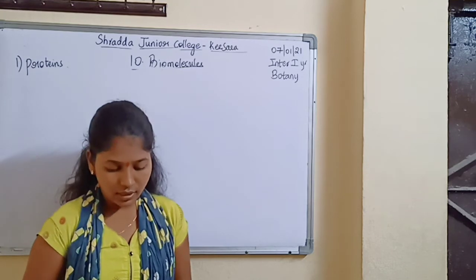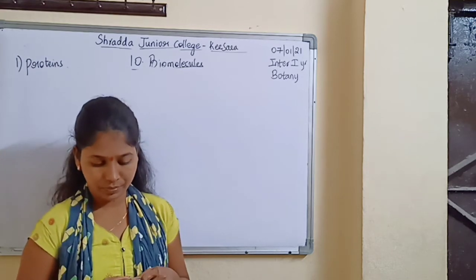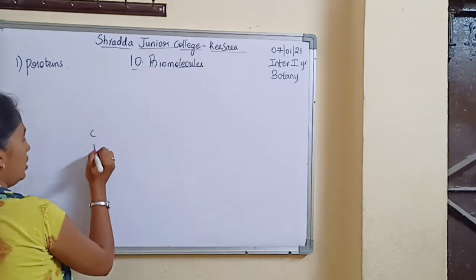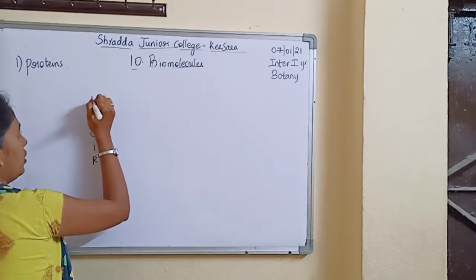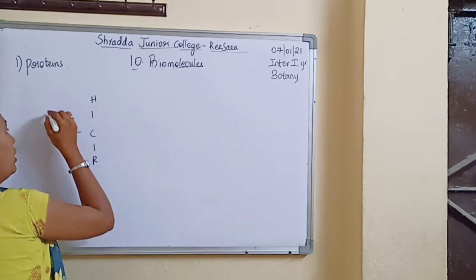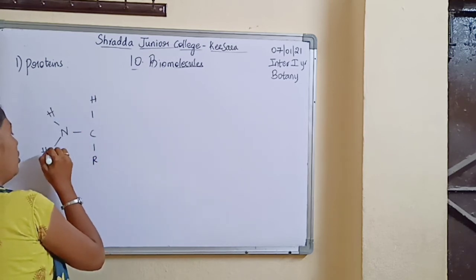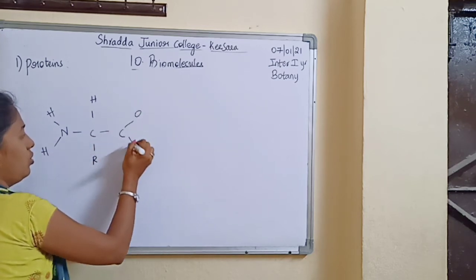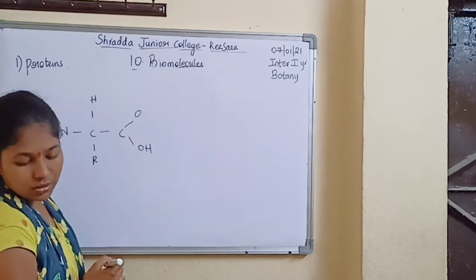So if you take that structure, I'll draw it here. CRH. This is an amino group, NH2. Here there is a carboxyl group, COOH.